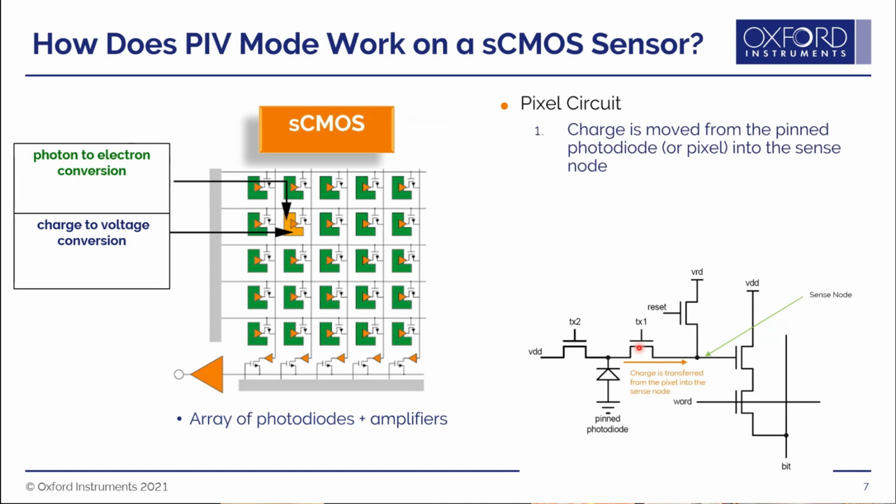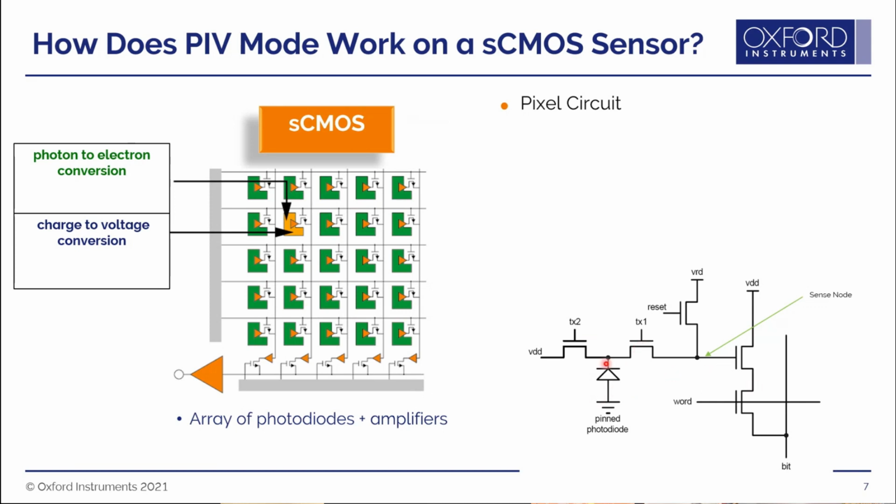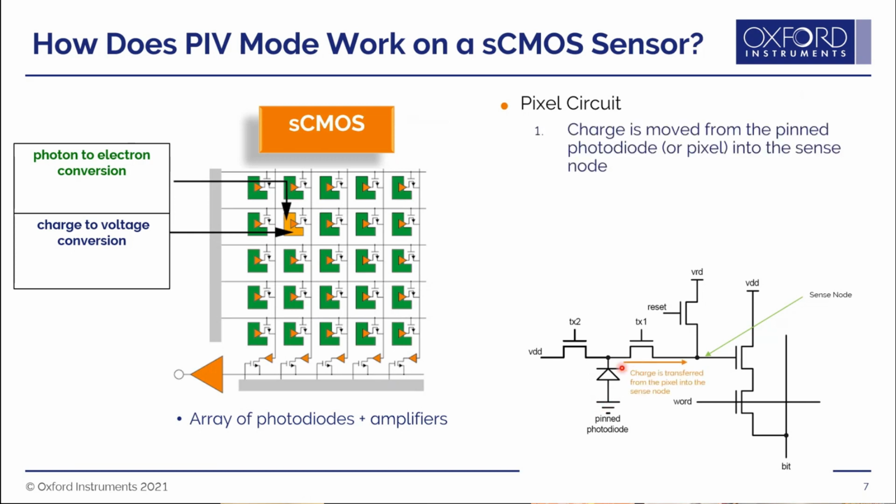What you do in PIV mode is you set it up so you expose your photodiode or your pixel for whatever time frame you want. Then you open this gate so you can transfer charge from your pixel into this sense node. Then you shut this gate, and then you're effectively immediately, I say immediately because it's not really immediate, and I'll elaborate on that in a second, you start your next frame as quickly as possible, because you literally just have the time it takes this pixel to empty into this sense node.